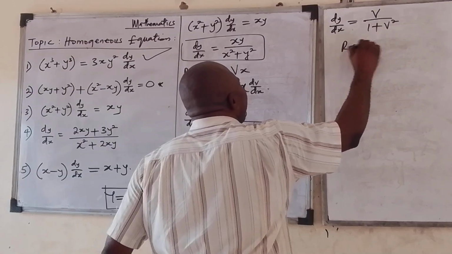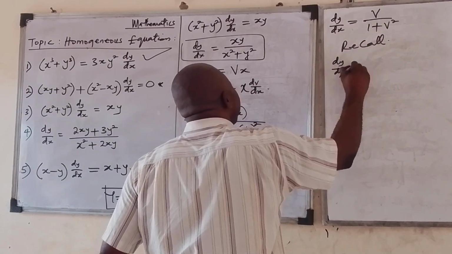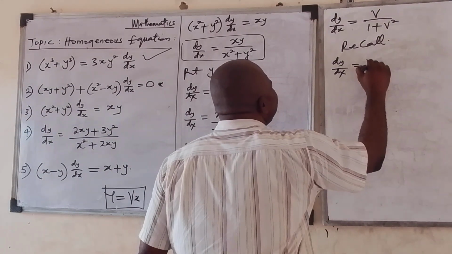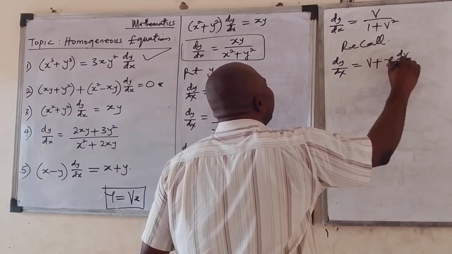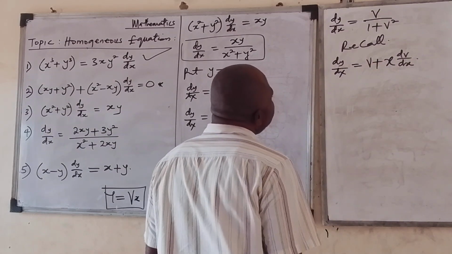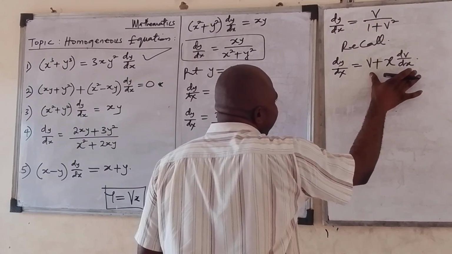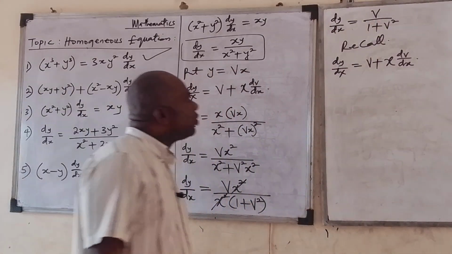Then recall, the value of dy/dx is also equal to v plus x dv/dx. So therefore the whole of this is equal to this, since dy/dx is equal to v plus x dv/dx, and dy/dx is v all over 1 plus v squared.